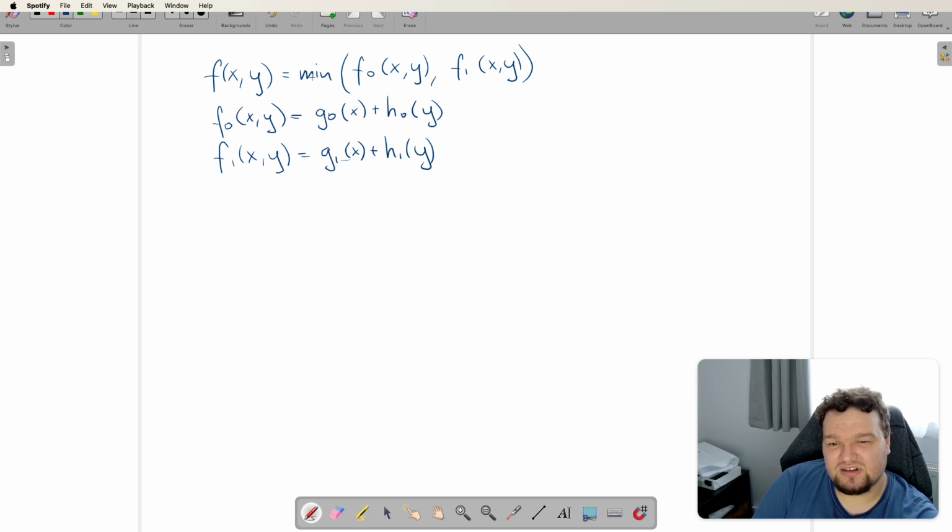Well, we can look at what's cheaper for x, and the value of how much cheaper it is is g0 of x minus g1 of x. If this is negative, then it is better to go with zeros, and the absolute value will tell us how much better it is.